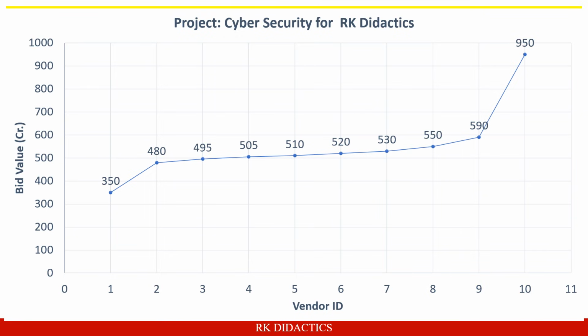So we see a tight cluster of 8 vendors from vendor 2 to vendor 9, but there are two major anomalies. Vendor 1 is bidding extremely low, that is 350 crore, and vendor 10 has spiked significantly, that is 950 crore.